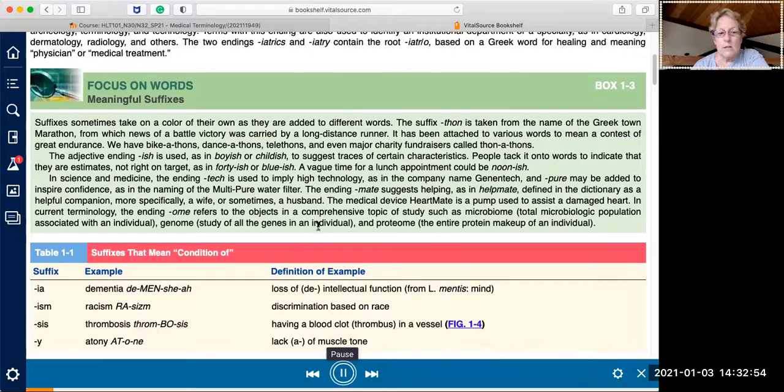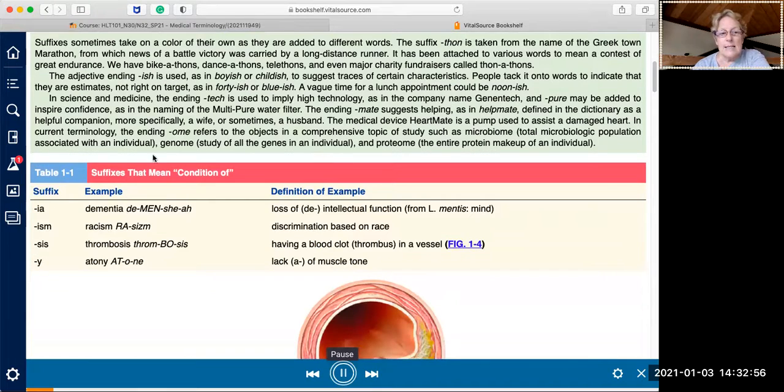So let's go down, and you can see that in table 1, you're going to see that these are the suffixes that generally, there may be others, but for the most part, these are the ones that all mean condition of.